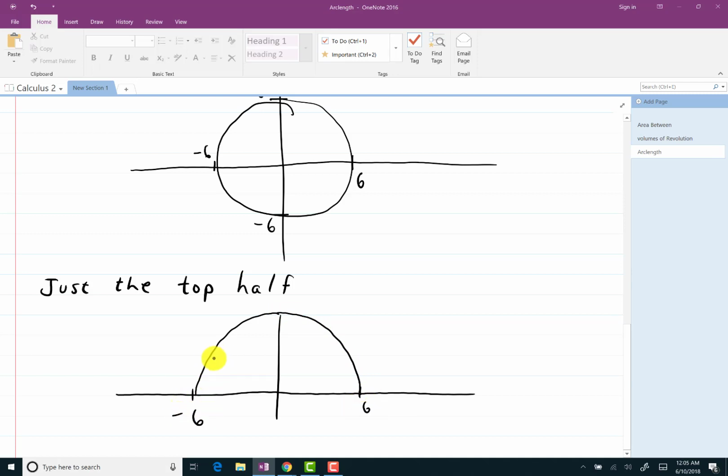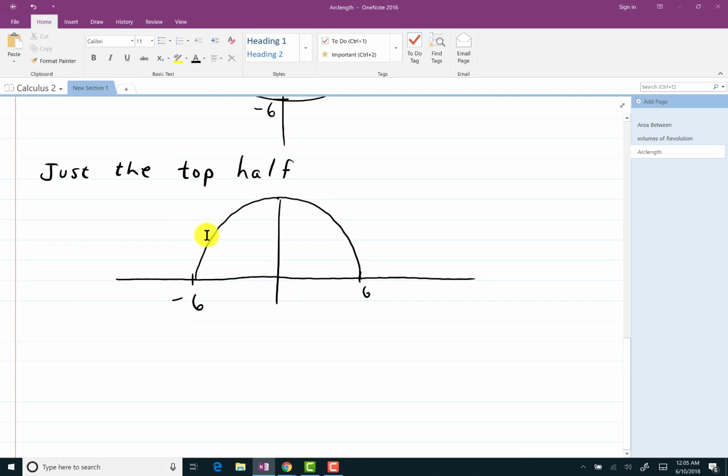If I can figure out the length of this, then I simply multiply by 2. The top half, the formula is y equals the square root of 36 minus x squared.